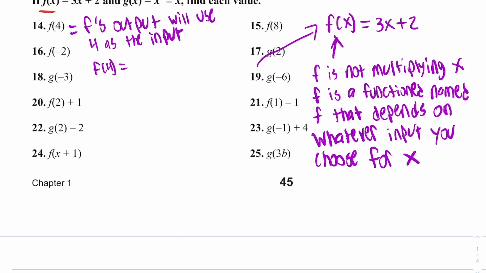So we're going to copy the equation down here, only instead of writing x, you're going to put the number 4. Then you just solve it like you were plugging in a number. 3 times 4 makes 12, plus 2 equals 14. F of 4 is equal to 14.